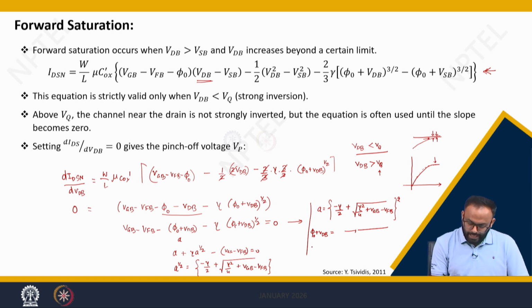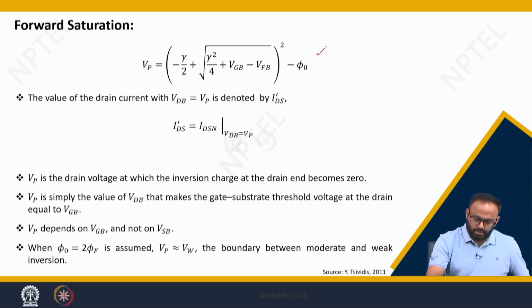So the value of VDB at which saturation occurs is defined as minus gamma by 2 plus square root of gamma square by 4 plus VGB minus VFB, whole square, minus phi naught. That is this.